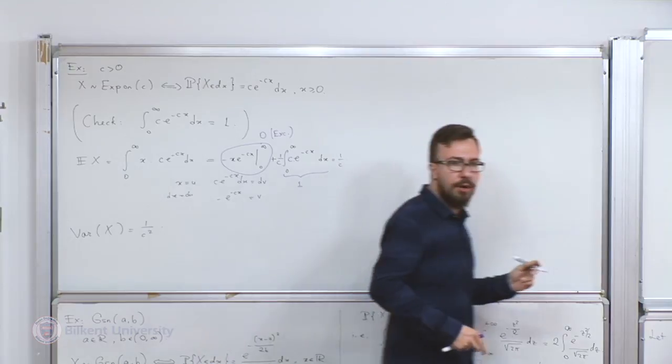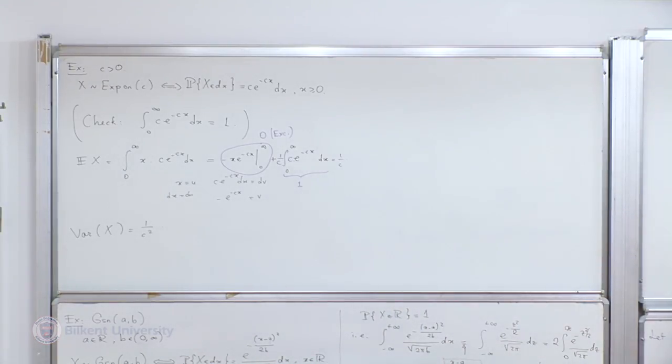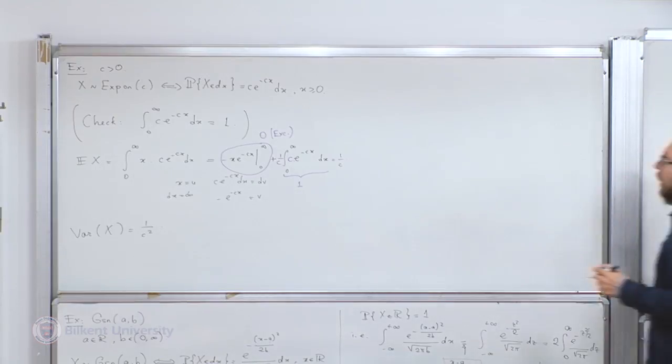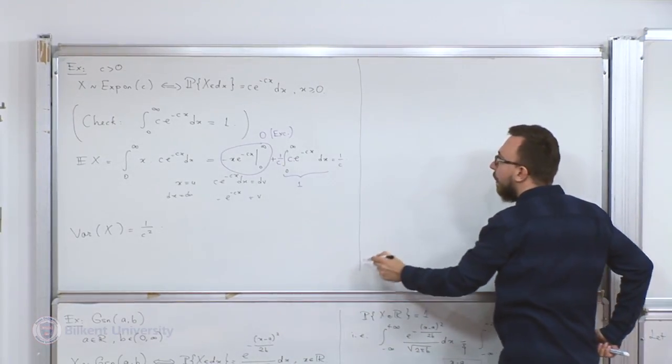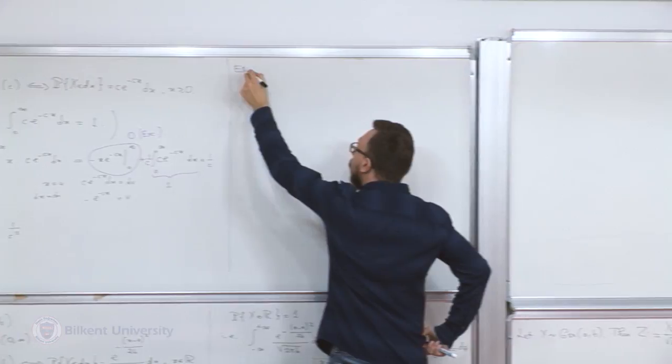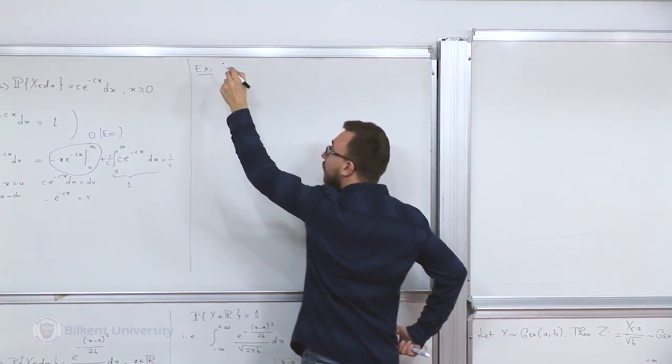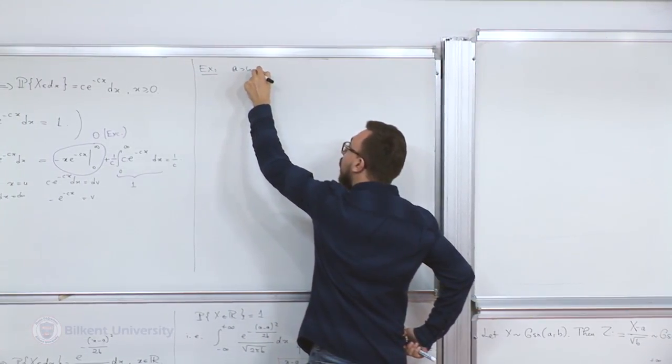Okay. Any questions so far? So this exponential distribution is indeed a member of a larger family of distributions called gamma distributions. So let's also talk about the general family. So we have a and c.